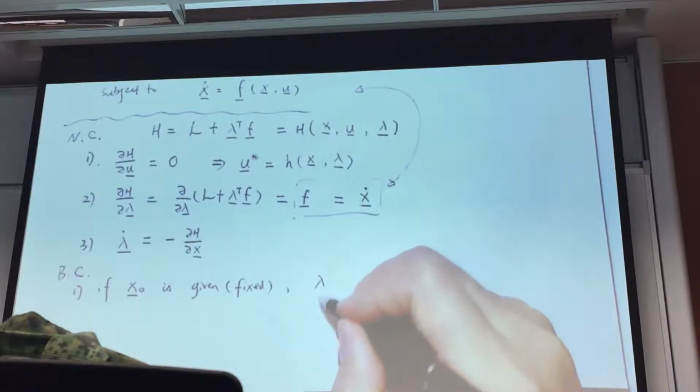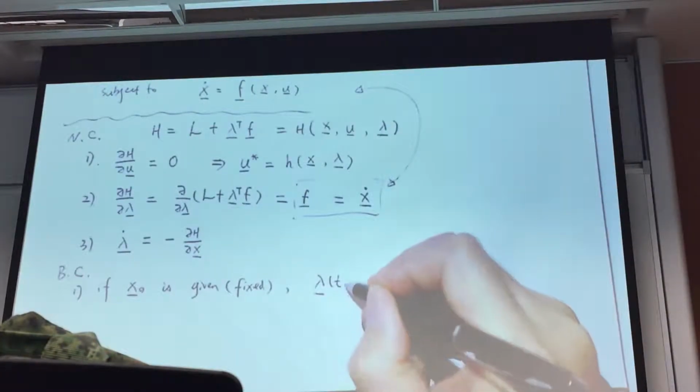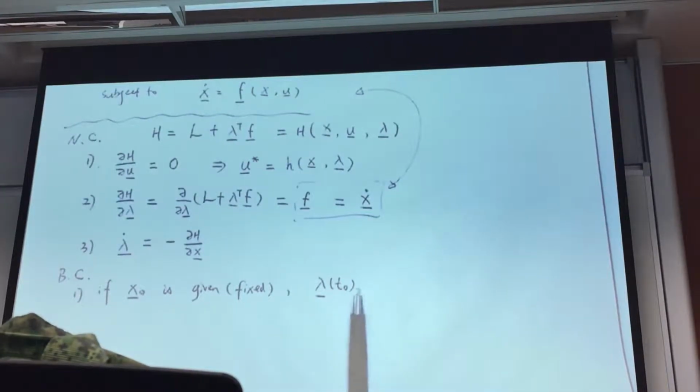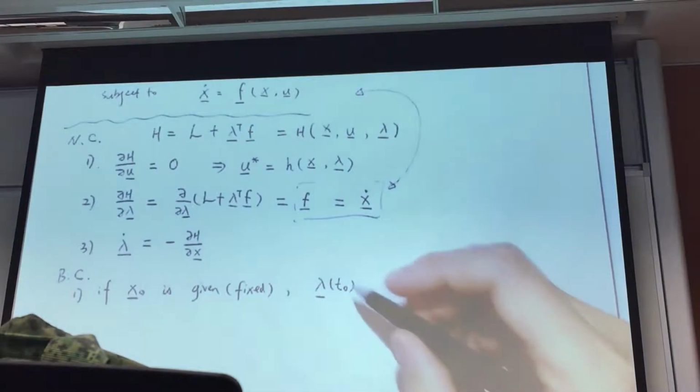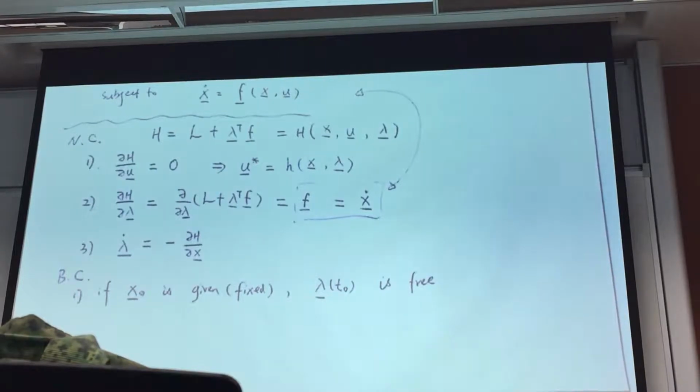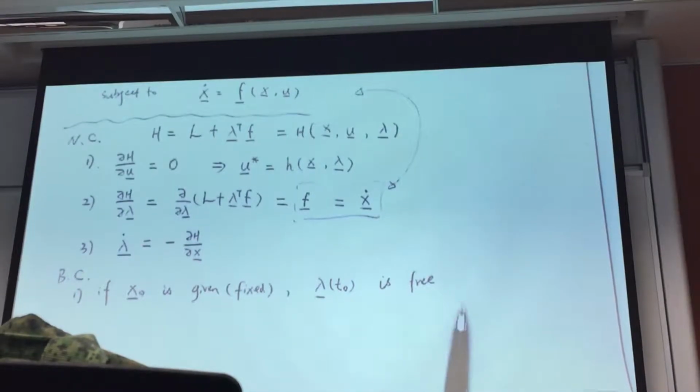I put lambda as the value at t0, so sometimes we use lambda 0, which is equivalent to the value of lambda at time equal to t0. So lambda 0 is free to take any value.